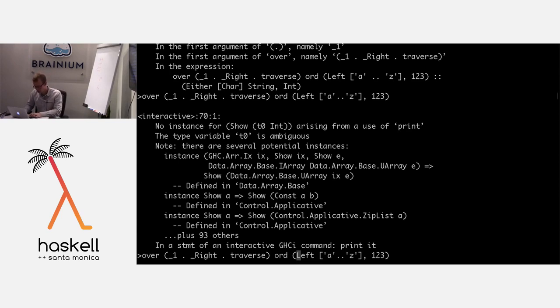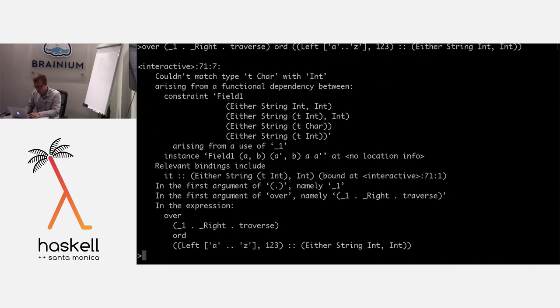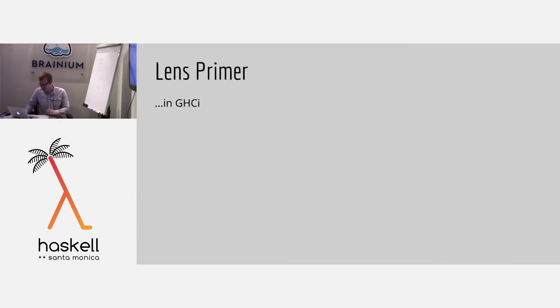But sorry, let's see if I can figure this out real quick. Either. So what was that? A string or an int. An int. Whatever. Never mind. Yeah, we'll leave this alone for now.